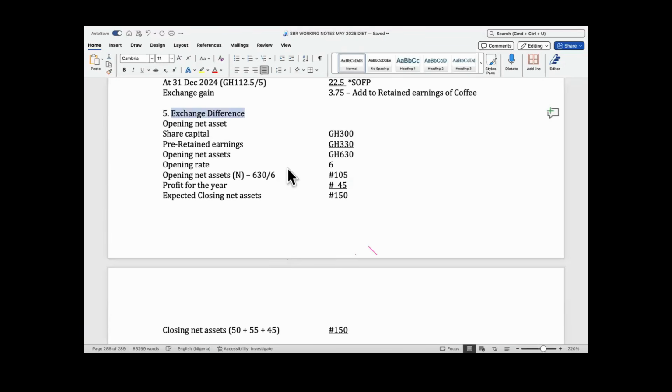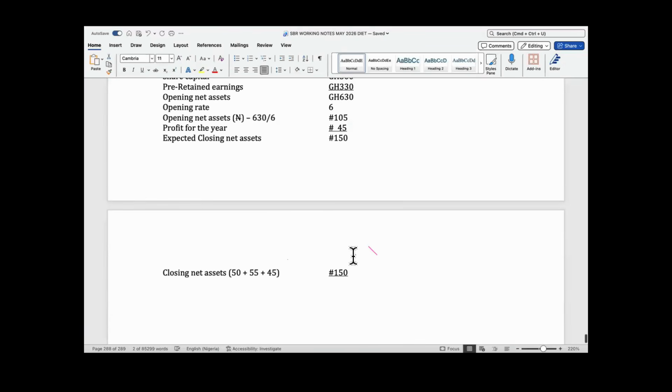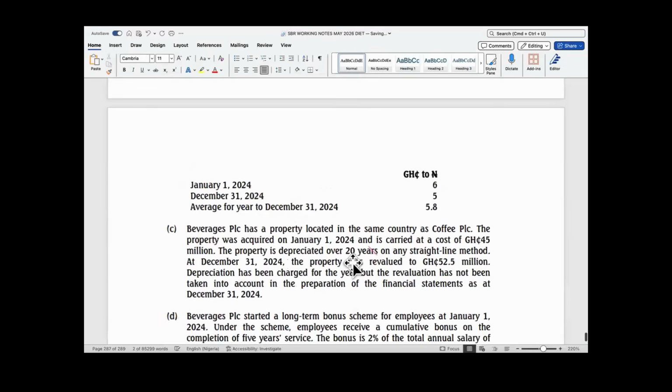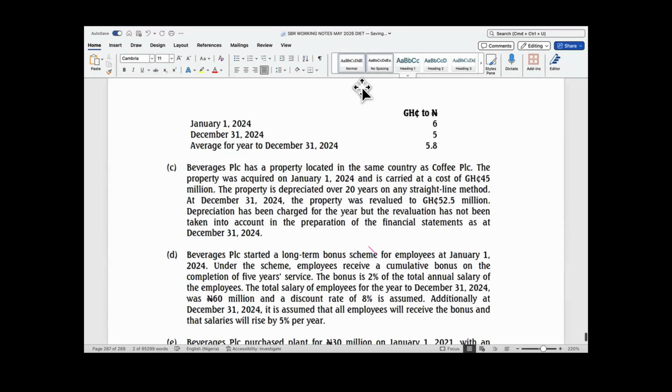It's in subsequent years you would have, but it's just to be on the safe side that we go ahead and do the computation. Now, that being done, let's go to the next additional information, which is additional information C.